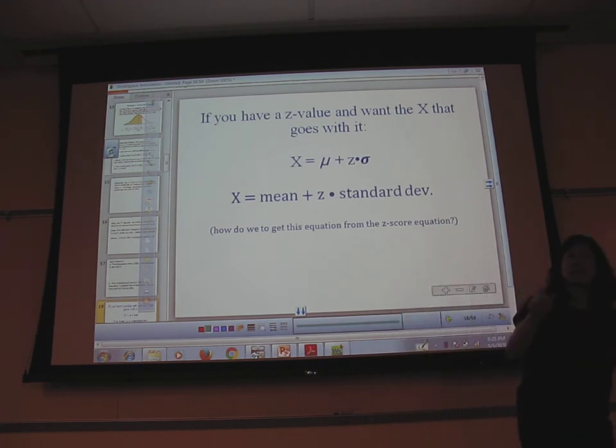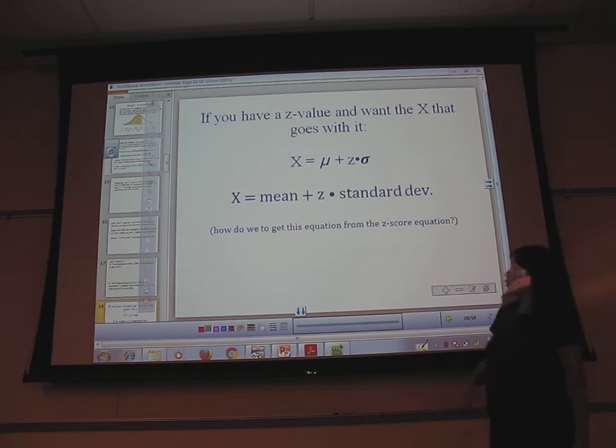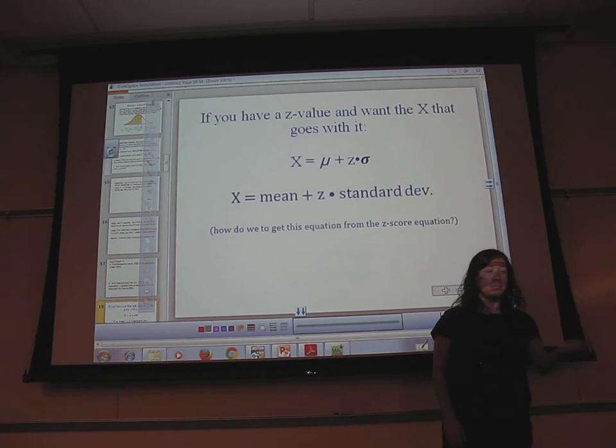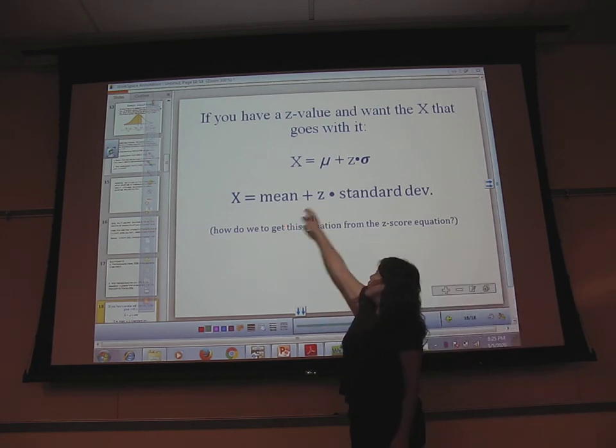A z-score is what again, guys? The value minus the mean over SD. Right, but what does it stand for? The amount of standard deviations away from the mean. Great. So how far is it from the mean?